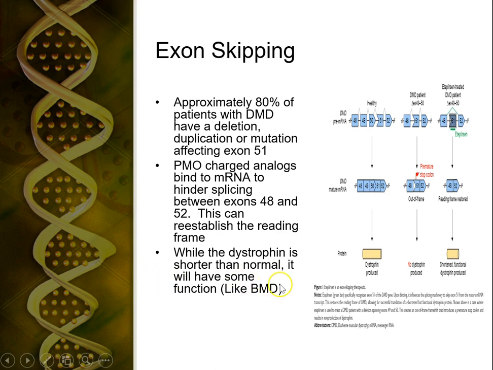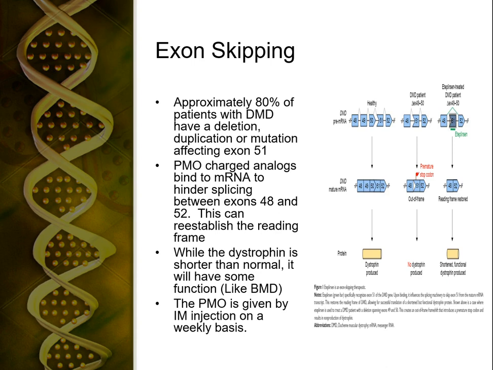So we're actually making some protein, but it's more like we're changing a Duchenne's to maybe a Becker's. But determining which patients this can work with means you need to understand where the change is and if skipping here would make any difference.